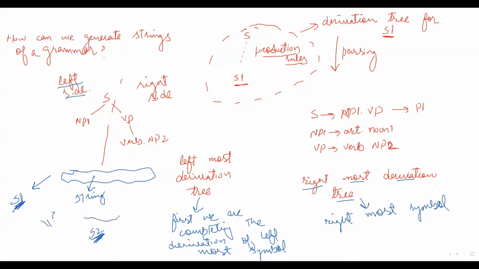So we are going to discuss this when we discuss ambiguous and unambiguous grammars. Here we only have to understand what is a leftmost derivation tree and what is a rightmost derivation tree. So we can generate strings by making a derivation tree, and finally we will reach a string.